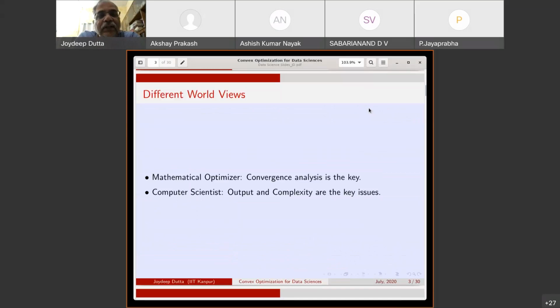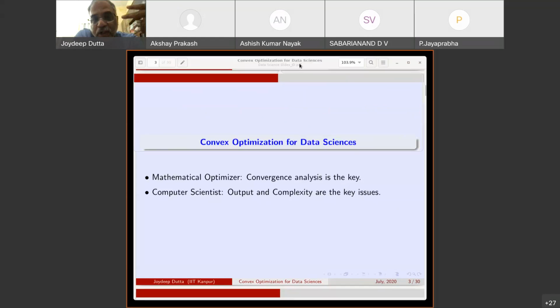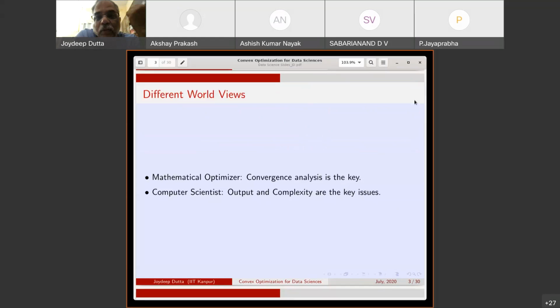So data science, as I told you, can mean machine learning. Statistical learning is actually the real background behind which machine learning lurks. Here, as I told you, there are two kinds of researchers who work in convex optimization. One is the mathematical optimizer, for whom convergence analysis is the key.